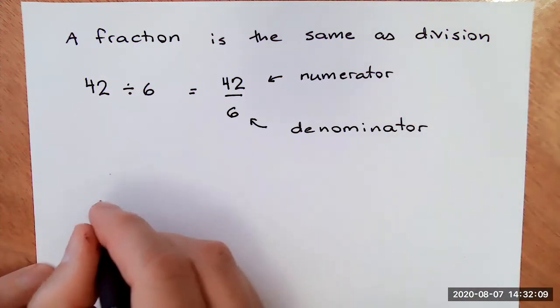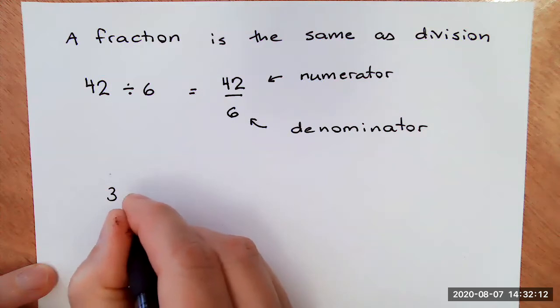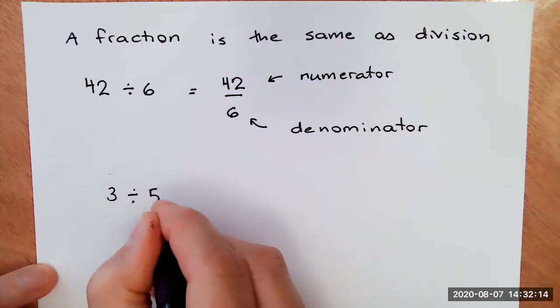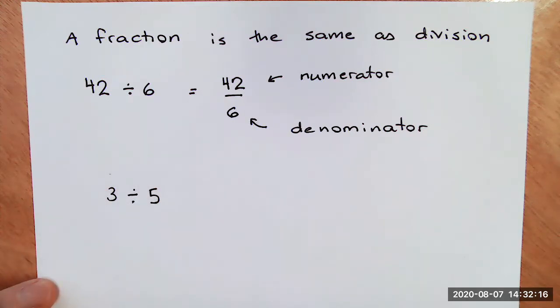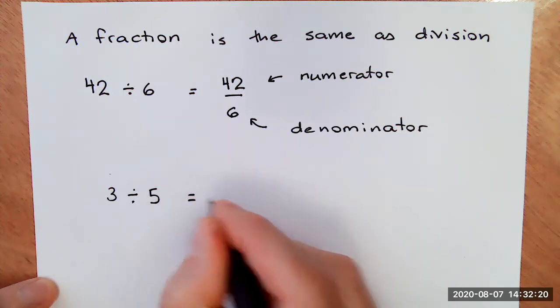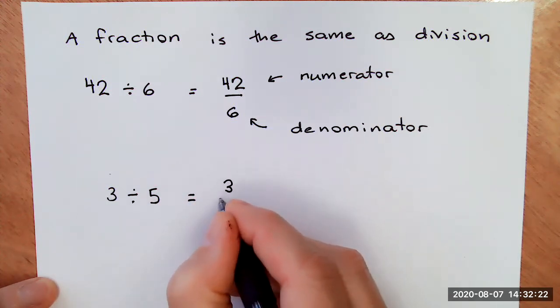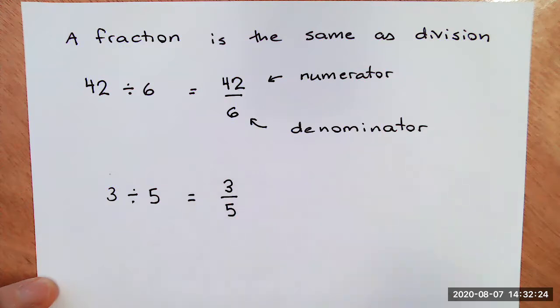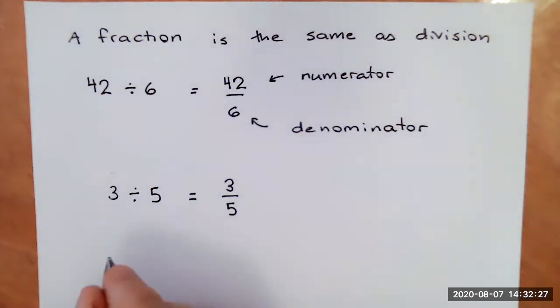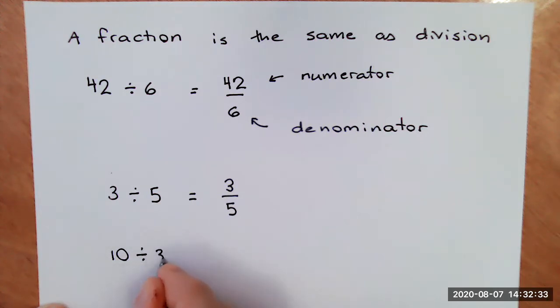So if you have 3 divided by 5, what fraction would that be? Well, if you thought 3 over 5, you would be correct. 10 divided by 3 would be what fraction?